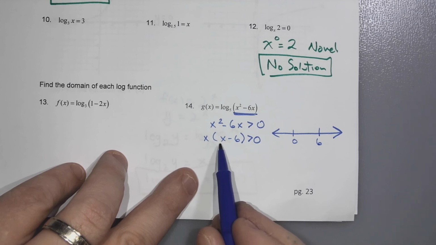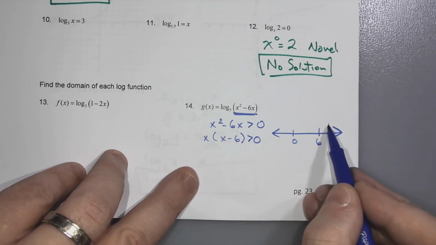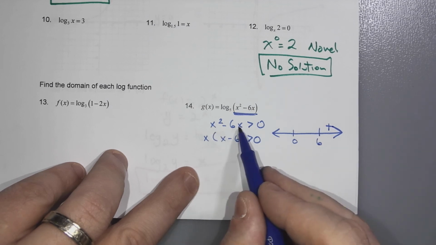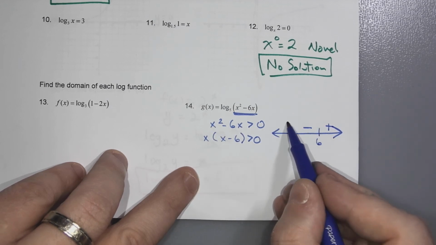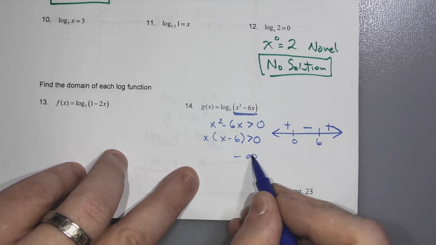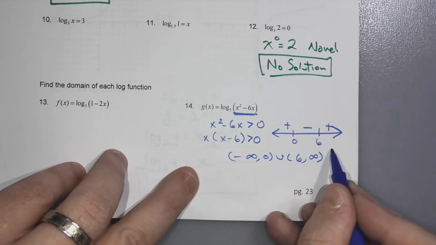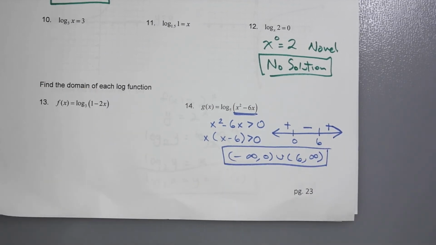The graph would be positive, negative, positive, or let's just stick in numbers. Bigger than 6 will be positive. Stick in 1. 1 minus 6 would be negative, and there's positive. So since I need it to be bigger than 0, my domain would be negative infinity to 0, union 6 to infinity. We'll do some more practice in class, and then we will break into some small groups.